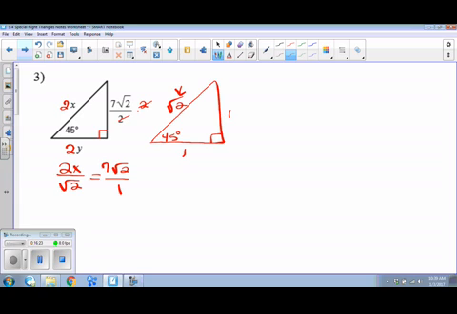Well, that's a much nicer proportion to look at, because then you don't have a fraction over a fraction. It's not wrong to do it the first way, but it just increases your likelihood of making a careless mistake. So if we get rid of those fractions to begin with, then we set up our proportion and cross multiply. Does everybody understand?